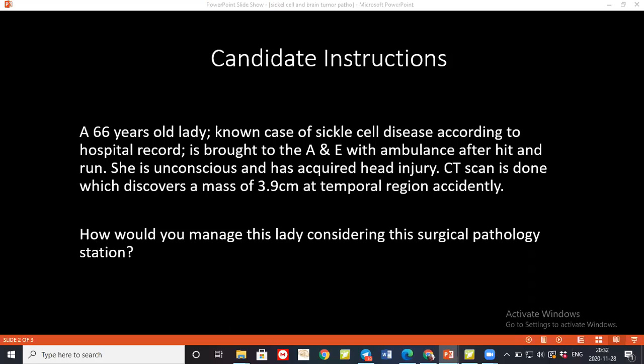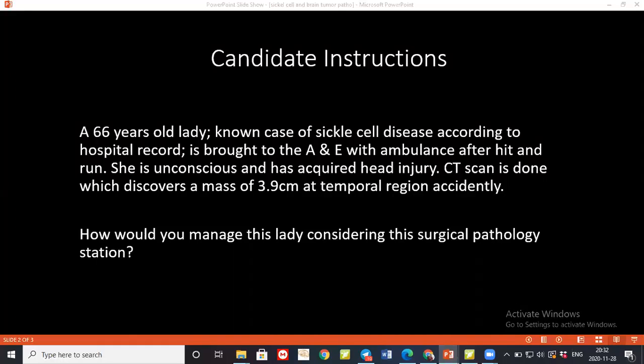For that reason the hemoglobin gets a sickle shape, called hemoglobin S, and that is associated with increased hemolysis, microvascular obstruction, and ischemia to different organs. That is called sickle cell disease.